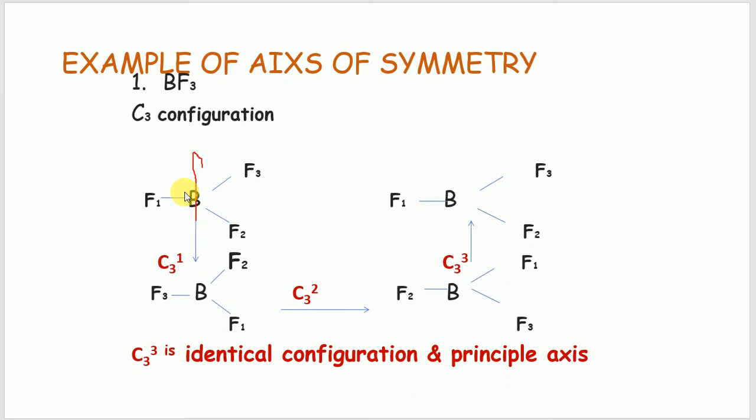Therefore, we can say the axis that is passing through oxygen and that is present in the molecular plane is the C2 axis, and C2^2 in water is the identity operation, because the C2^2 operation results in exactly the original or similar configuration.